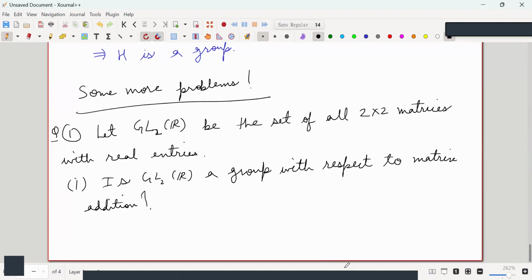So is it a group? So you can see that it will satisfy all the properties, but the basic property is missing. So the solution.